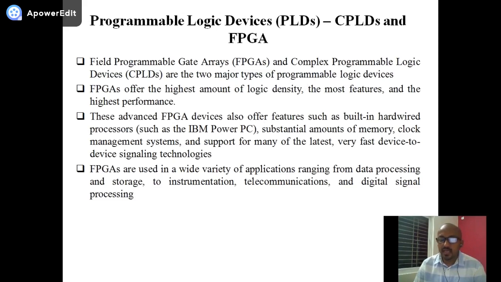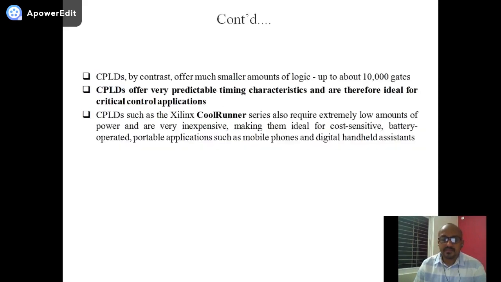FPGA offers a high amount of logic density, the most features and high performance, and built-in hardware processors. CPLD offers a smaller amount of logic compared to FPGA and predictable timing characteristics, and is therefore ideal for critical control applications.